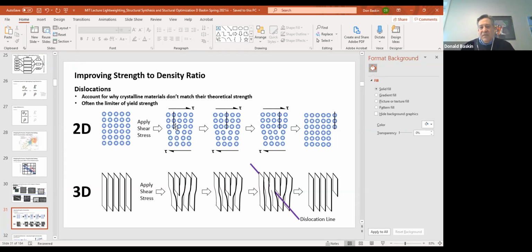If you calculate the strength of a material based solely on the atomic forces, like how much it takes to pull atoms apart or slide atoms past one another, and you scale that calculation up to a full material, the theoretical material would be much, much stronger than reality. Real materials are nowhere near as strong as that theoretical calculation.